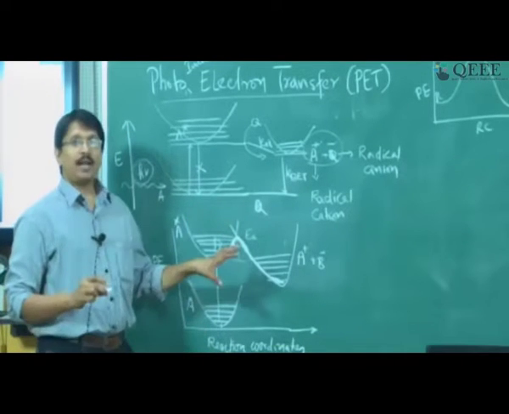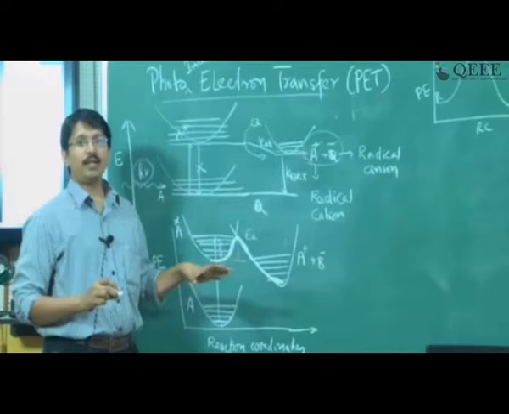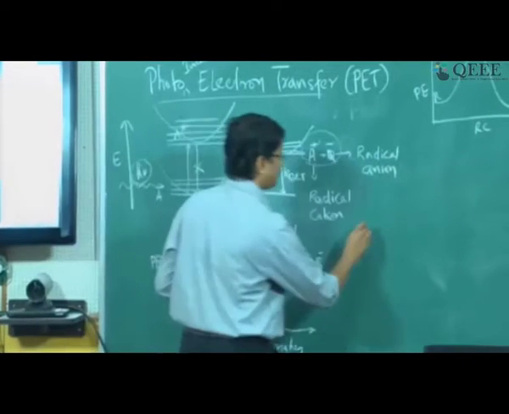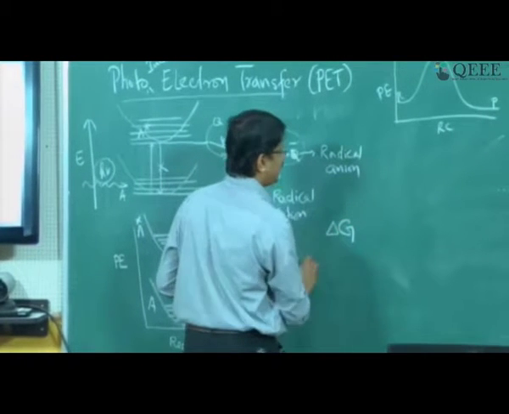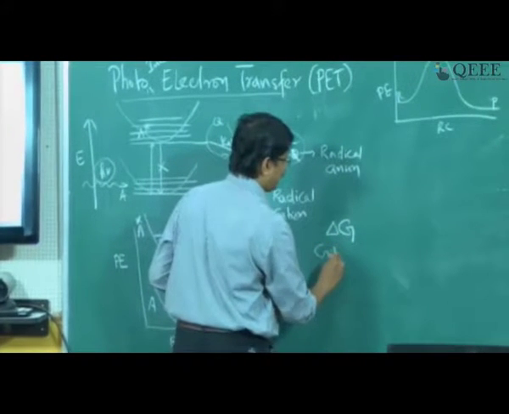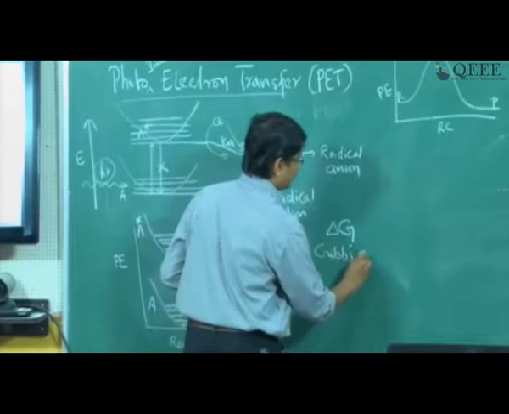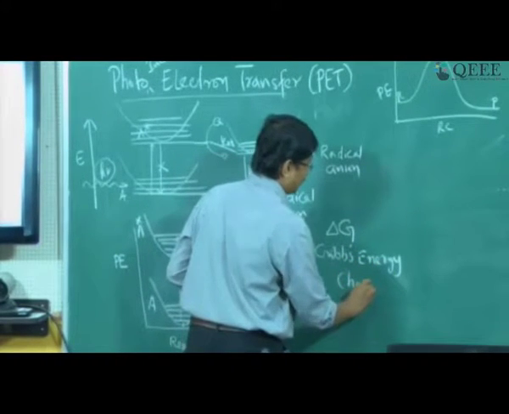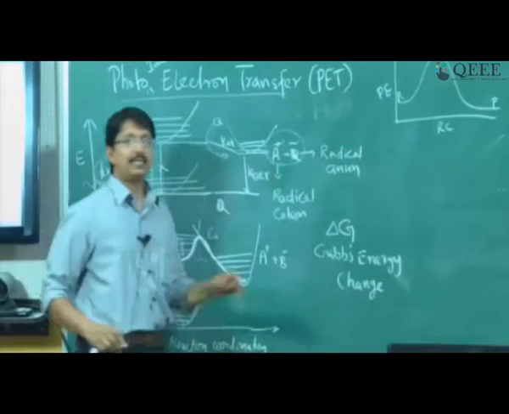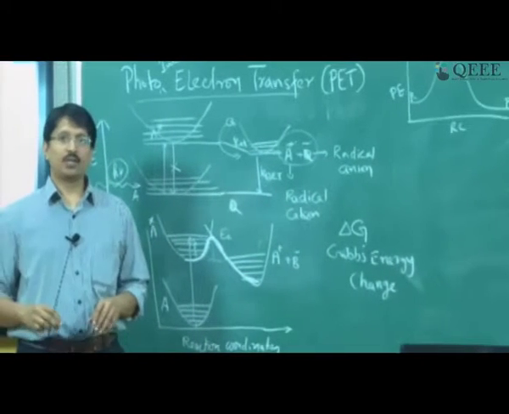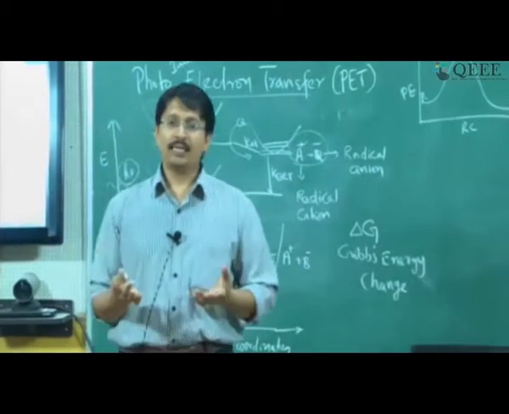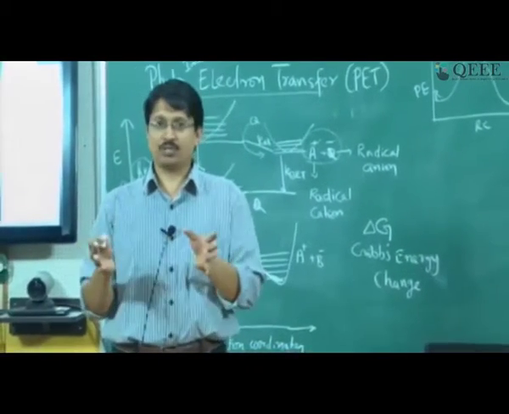There is another parameter which is very important for this process or reaction, that is called Gibbs energy, G. This is the Gibbs energy change, delta G. I am sure that you have some awareness about delta G and its relation with any process.